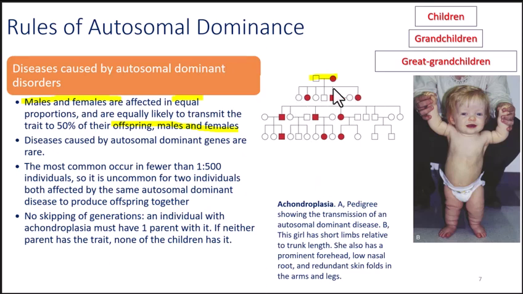And then these children go on to have their own children, which would be the grandchildren of the parents that we spoke about at the beginning. If we look at one of their kids, this male, that mates with a normal female, and they produce 1, 2, 3, 4, 5, 6, 7 children, these people have a lot of kids, you will see that 1, 2, 3 of those children have the condition and the rest do not.